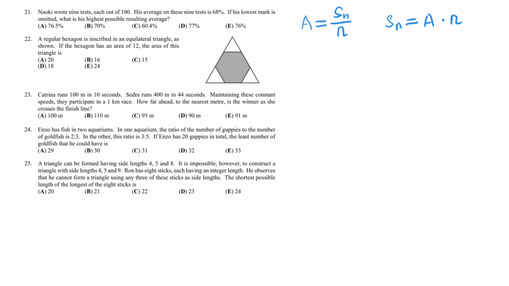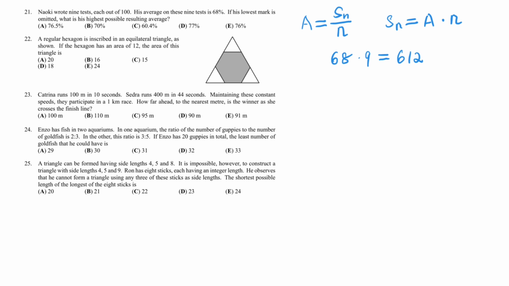In this problem, the average is 68, and the number of tests is 9. So the sum of the scores, the total score, is 612. That's the 9 tests.